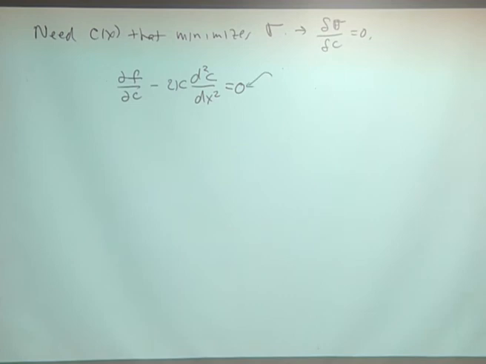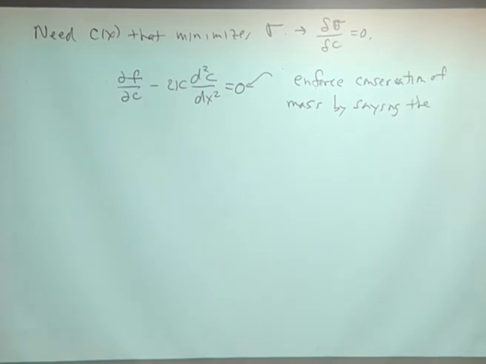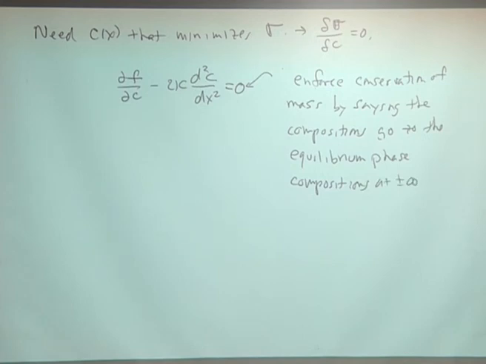One thing I note here, I don't have lambda, I have 0, because what we're interested in here is we're going to enforce conservation of mass by saying that the composition is at the bulk phase compositions at plus or minus infinity.